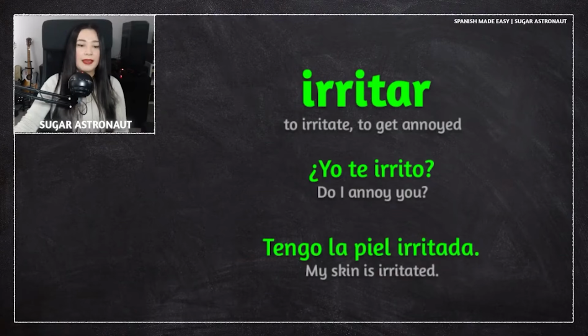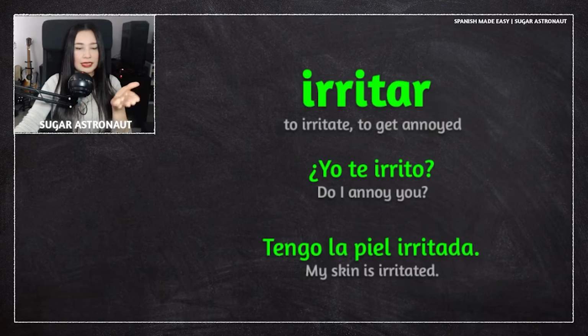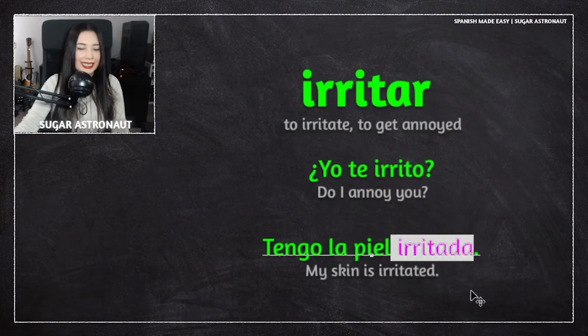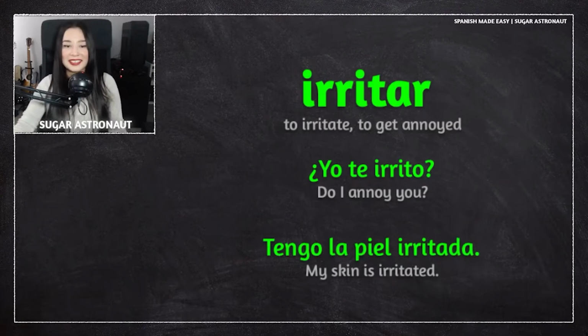Okay? Tengo la piel irritada. Of course, we're using irritada. That's an adjective. It's not really a verb in this situation. Irritado, irritada means irritated, okay, or annoyed.